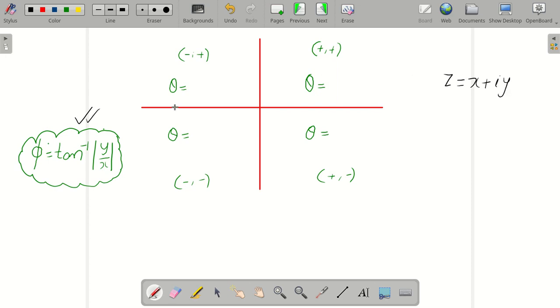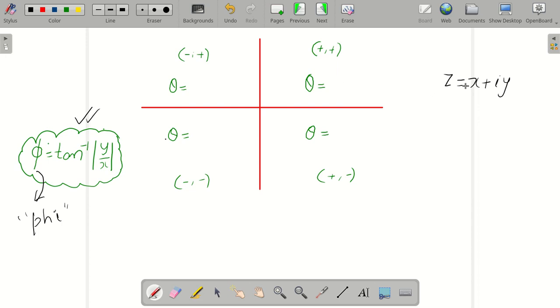So what I do is I'll calculate something called phi. It is pronounced like phi. So I'll calculate phi, and that will be tan inverse of modulus of y by x. And modulus means you have to take the positive value of this part. And once I calculate phi, I'll be able to find theta very fast with this method.